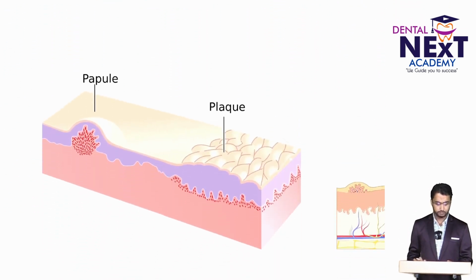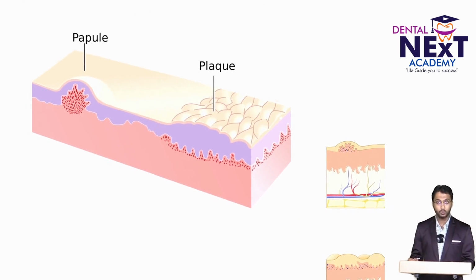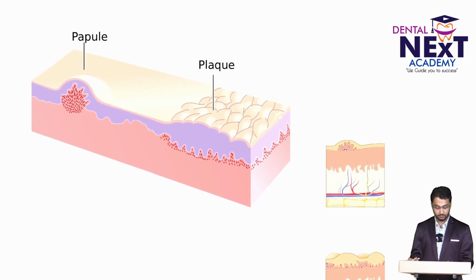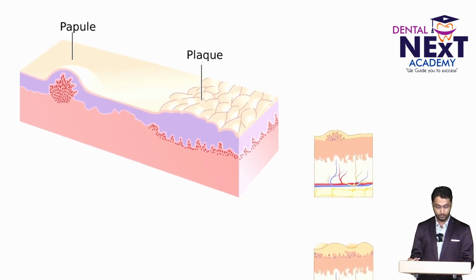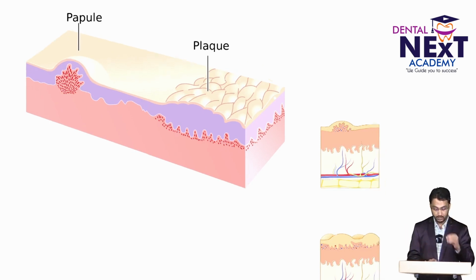Now let us come on to what is papule, what is plaque. I'll show you initially some images which will help you to differentiate between them. This is papule and plaque. So papule is this, and confluence of different papules will lead to plaque. Different papules join together to form plaque.